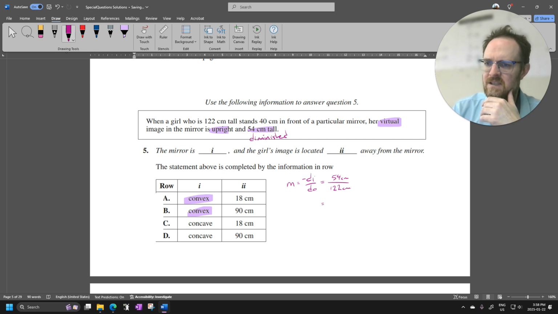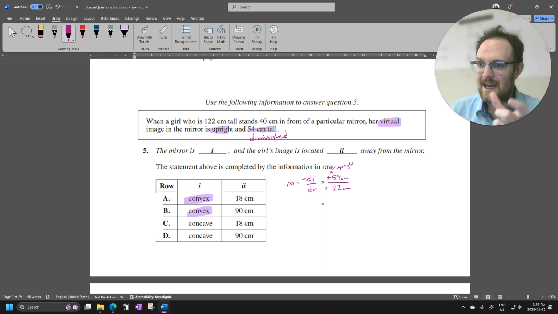So we have those two numbers. It's upright, so that means this is a positive number. This is also a positive number. So upright, that's going to be important. Upright, magnification is positive. DI would be negative. Yeah, okay, so we got DI as being negative.